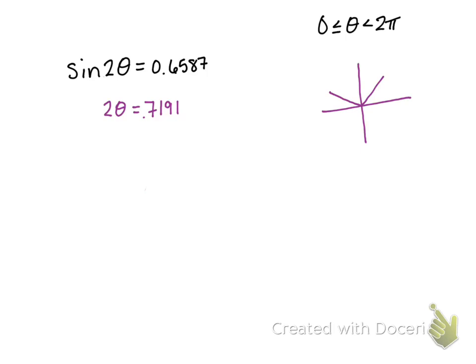Okay. Now we need to figure out what our next value is going to be. And you might ask, how many different angles am I going to need? Well, the special thing about these is that we're going to have 4 angles for each of these problems that have a 2 theta.